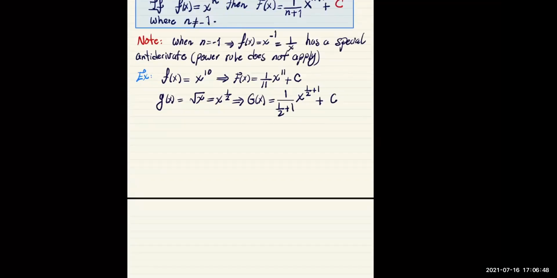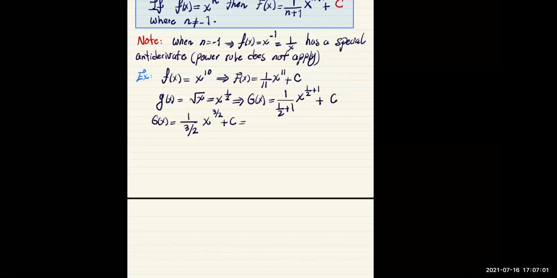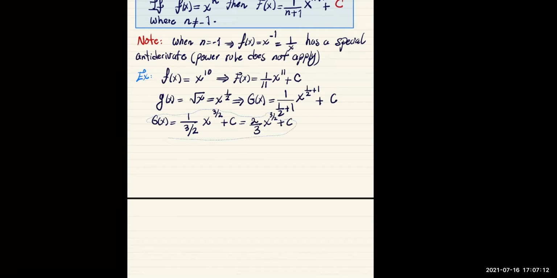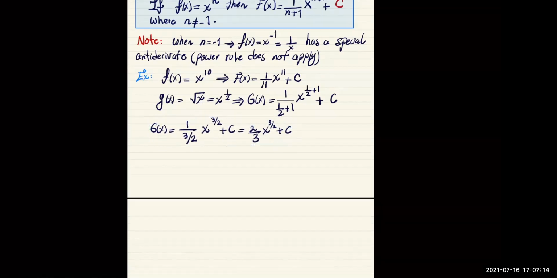Okay, so here what we get for capital G is 1 divided by 3/2 times x to the power of 3/2 plus some constant. Here you have 1 over 3/2, so you could just flip 3/2 to 2/3 and put it in front of x to the 3/2. Okay, this here is the antiderivative of square root of x.